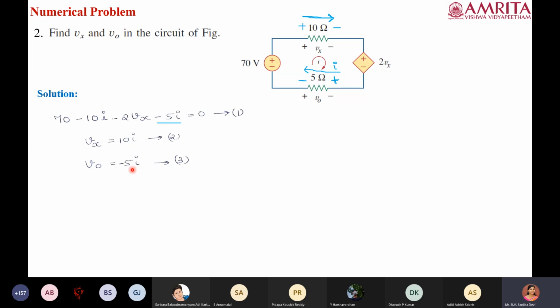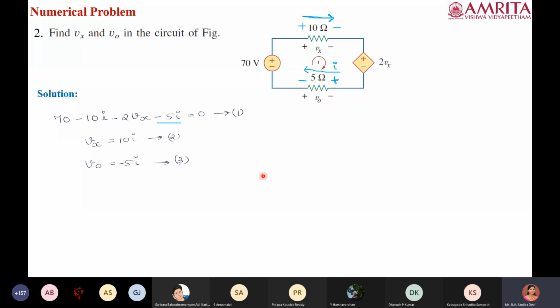Okay, so now, it's already time, we'll just finish this. If you see the first equation, we can eliminate Vx by substituting the second equation into the first equation, right? So that we will have a single equation with a single unknown. So what if we substitute equation number 2 in equation number 1? I is equal to 2, ma'am.